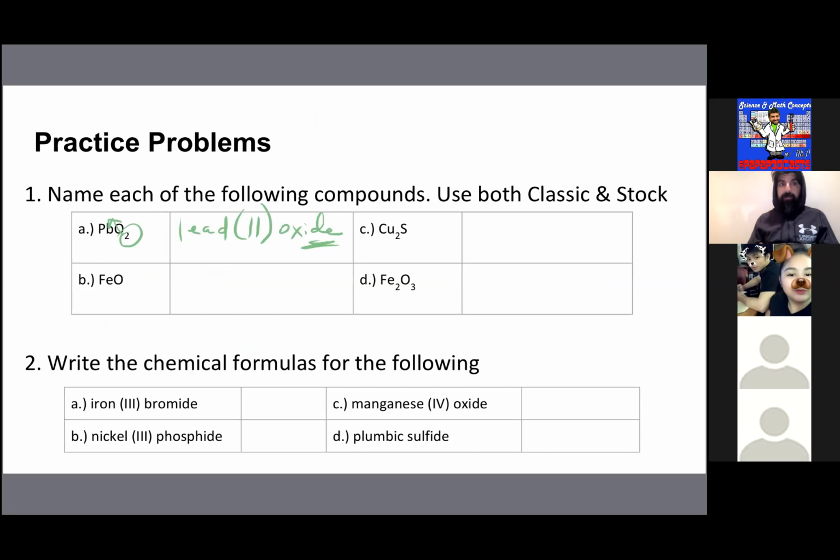These are binary. Remember what we talked about with binary? Two uppercase letters, binary. Anyhow, a common mistake: they'll name this lead 2 oxide because they're saying, hey, that 2 came from lead. Yes, it did come from lead, but it was simplified to become that 2.